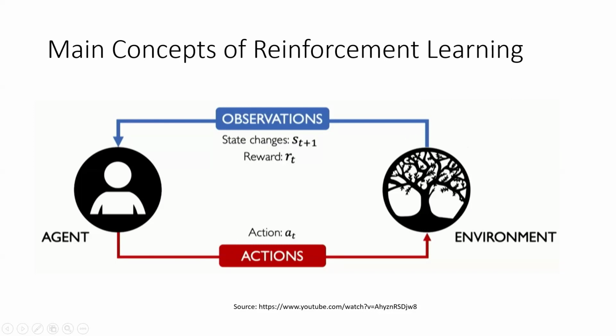So that is why this subject was born, reinforcement learning, where you learn from the environment, where you get the observations. The action is taken at time T, known as AT, and then you have received the reward of RT, and the state of the environment has changed from ST to ST plus 1, right?